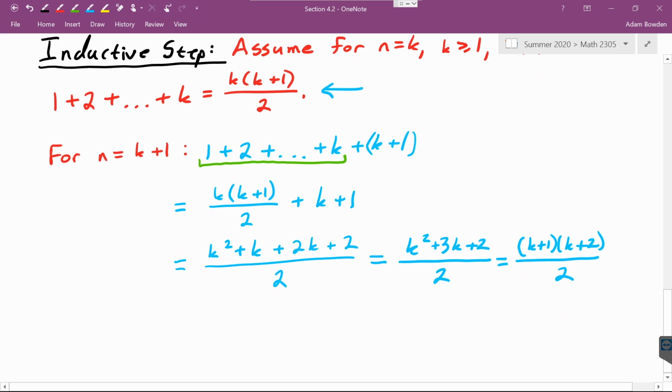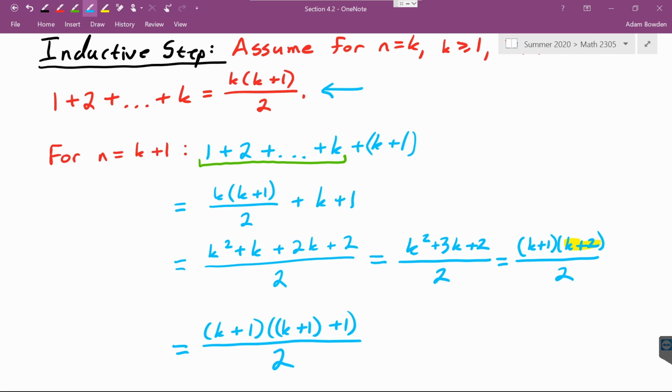And now the cool thing here is that k plus 2, why don't we go ahead and rewrite that as k plus 1 plus 1. And so now we check to see, does this fit what we would expect the formula to look like if it had a k plus 1 substituted in for it?